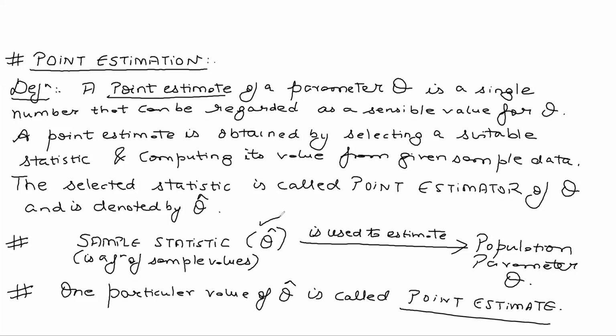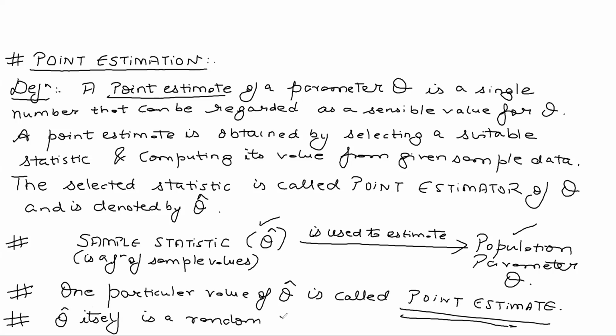Theta hat is a point estimator of theta, but one particular value of theta hat is called the point estimate of theta. Remember students that theta hat itself is a random variable. You take one sample, you get one value of theta hat. You take another sample, you get another value of theta hat, and so on. So theta hat itself is a random variable.